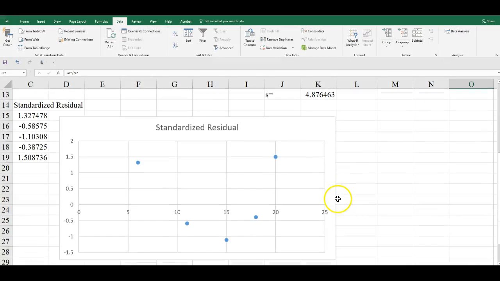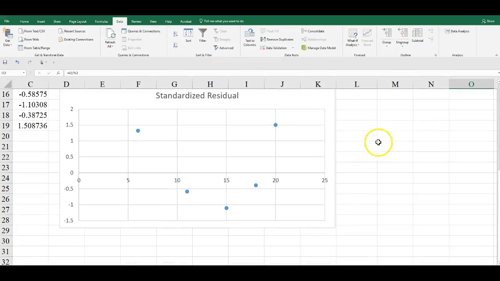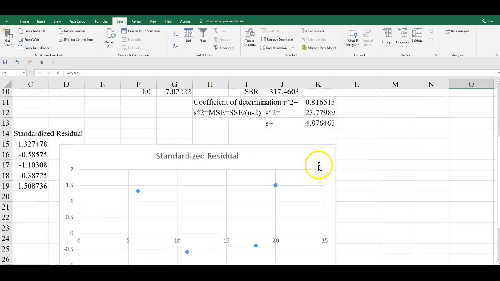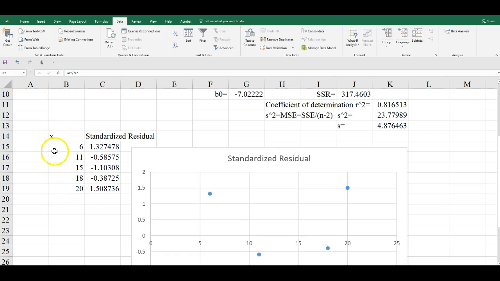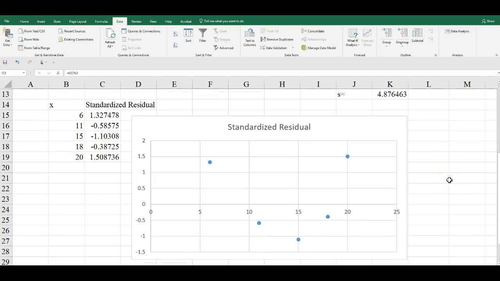The last thing they ask you to do then is to select the proper standardized residual plot. I did that by simply bringing down the x values, bringing down the corresponding standardized residual values, and then doing a scatter plot of those values.